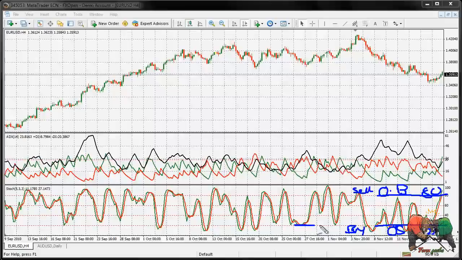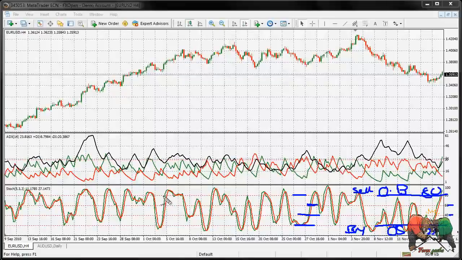We don't want to always buy or sell off of these higher and lower levels, because there is a chance of it messing around and going back the other way. So we have midpoints like here and here. I've got one set in at 40 and 60.